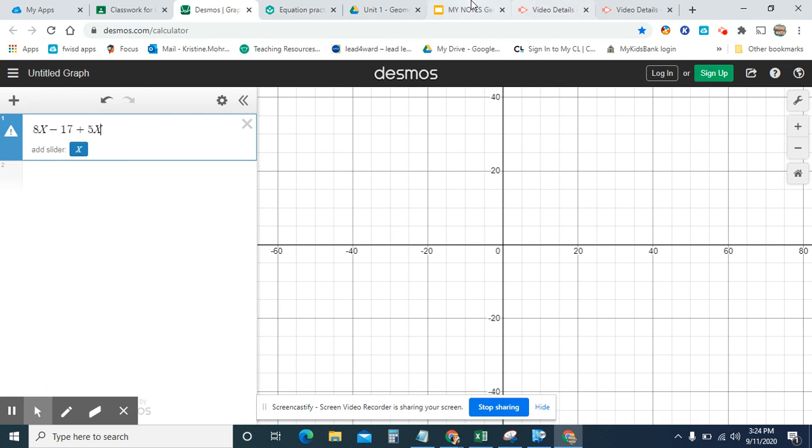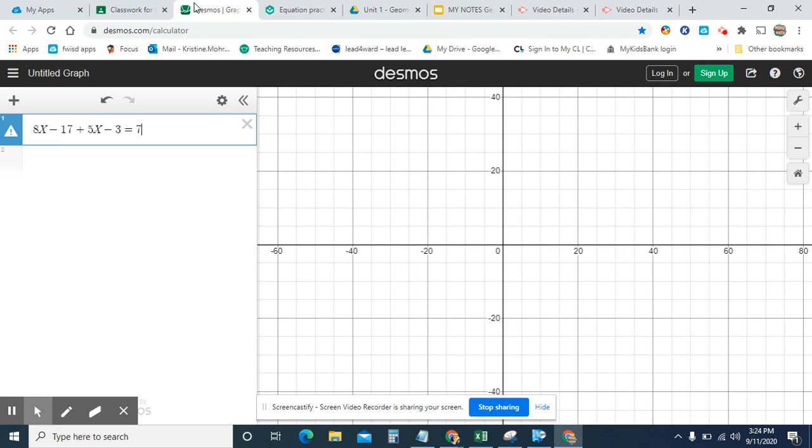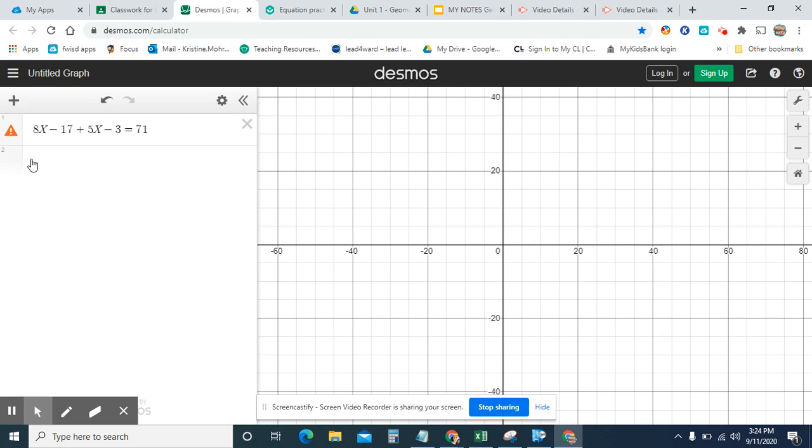What is it? 5x minus 3. Oh, it's because I have my caps on.